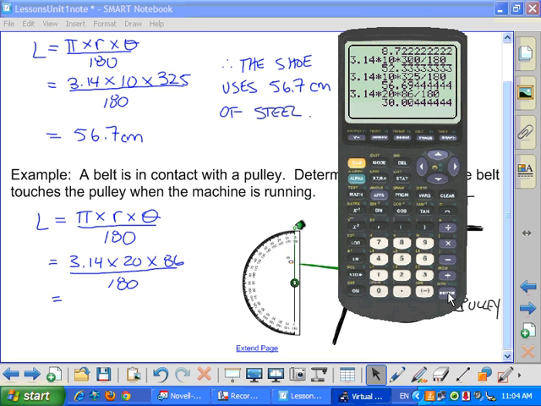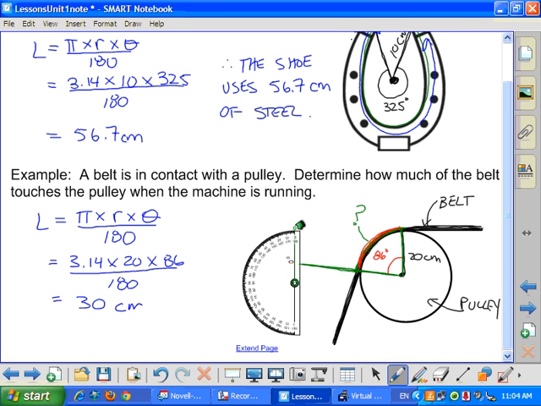And I'd find it would be 30 centimeters. So therefore, 30 centimeters of the belt is in contact with the pulley.